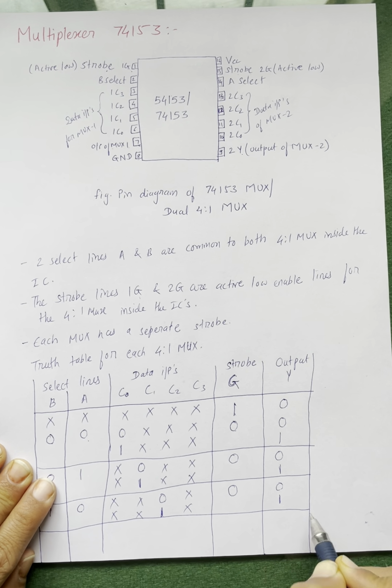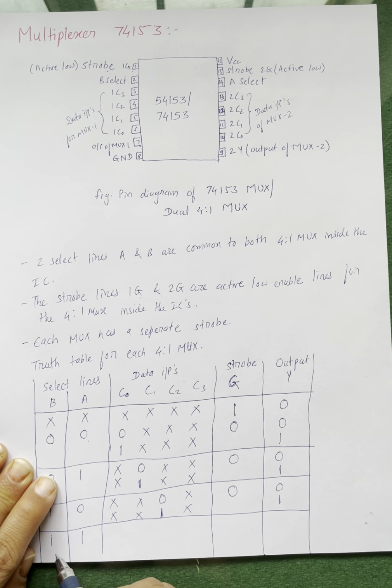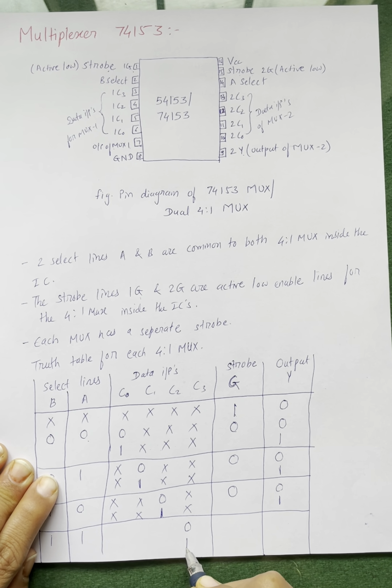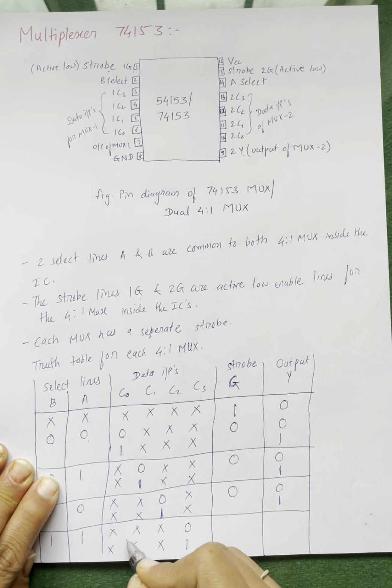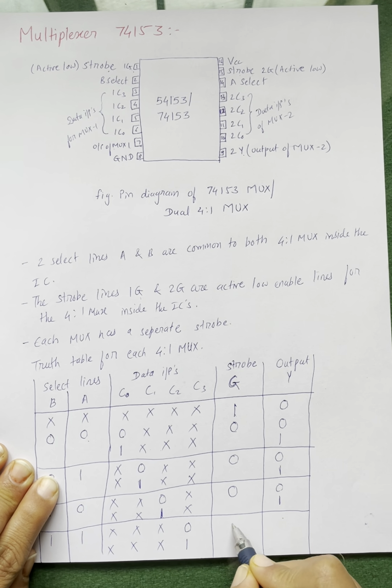Then the last condition, 1 1. If both inputs are 1 1, then it will select C3, and the value of C3 will be displayed as the output. Other things do not matter, that's why I'm writing don't care. The value of C3 matters: if the value of C3 is 0, your output will be 0, and if the value of C3 is 1, your output will be 1, right?